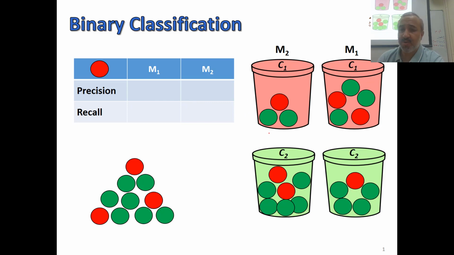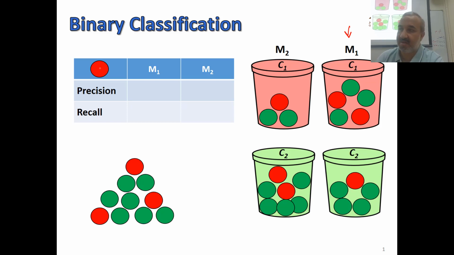Okay. So we have these two classifiers. We want to compute precision and recall for each. So how about precision for M1? What is precision? So for M1, where is M1? This is M1, right? So we want to compute precision of M1. So we should look at the ones that are predicted as positive.